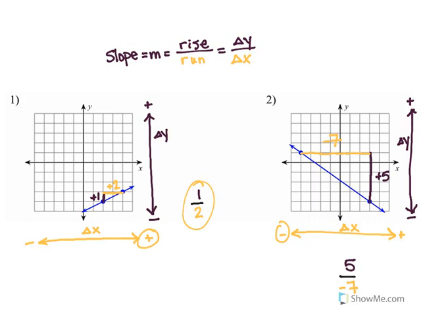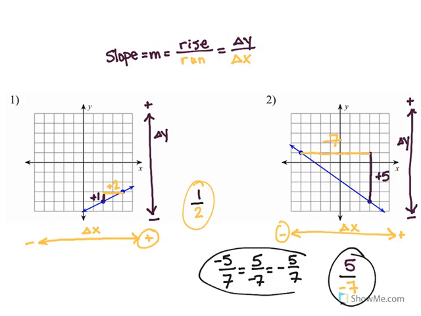So your final answer would be negative 5/7. Remember that negative 5 over 7 is the same thing as 5 over negative 7, which is the same thing as negative 5/7. Those all mean the same thing.